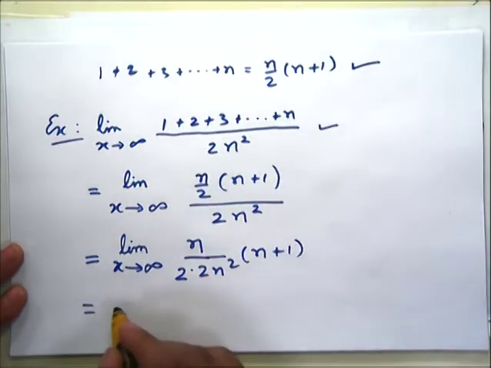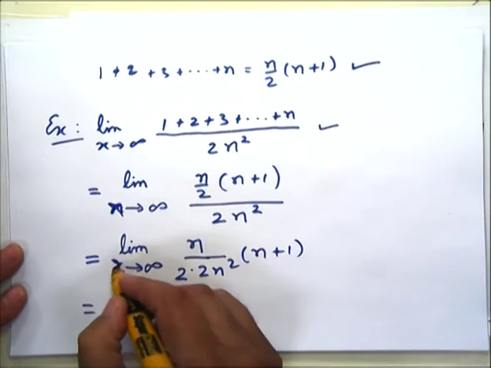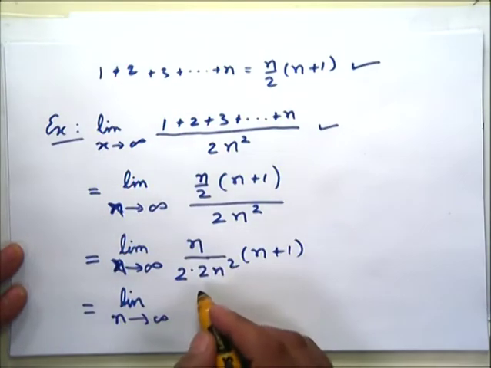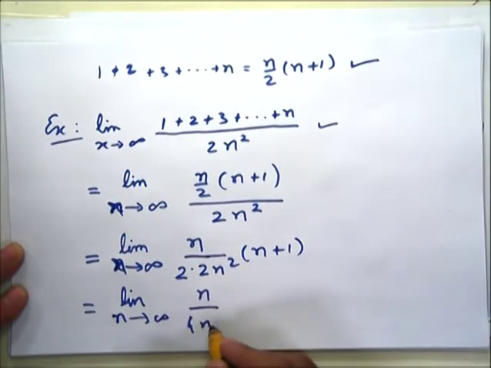This is equal to limit n tends to infinity of n upon 4n square.